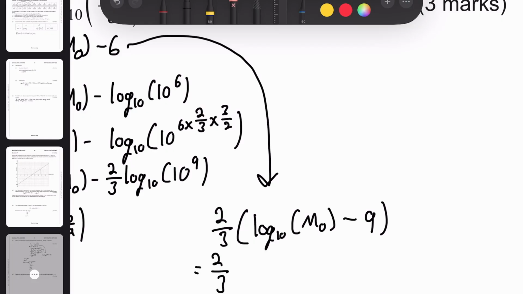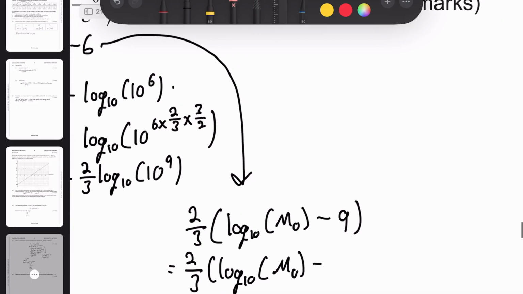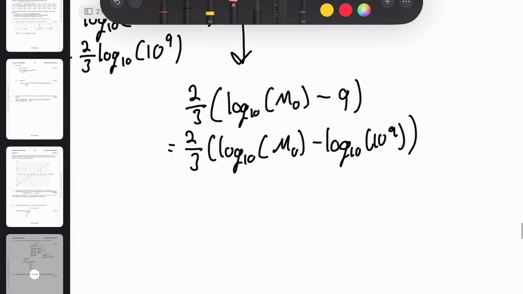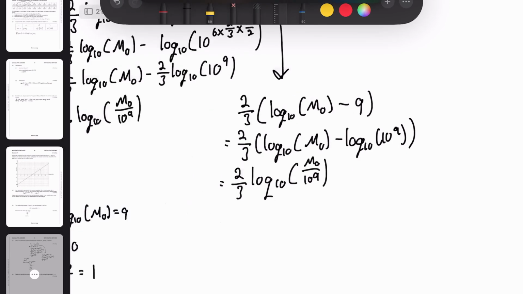So this is pretty much the same thing as before. Then we can make this 9 using the same idea here. So we can change this to log 10 of 10 to the 9. And it's the same thing. So here we have the subtraction of logarithms. So we have m0 over 10 to the 9.